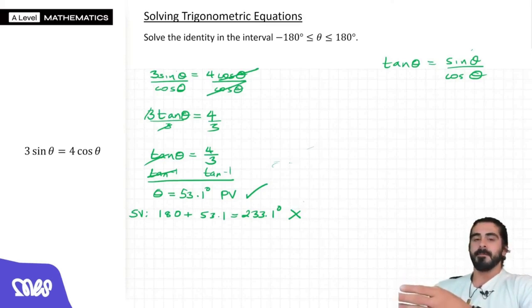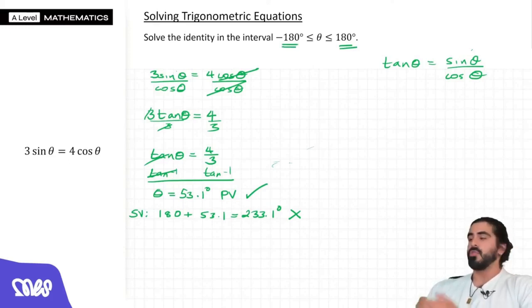Step 3 is we add and minus 360 in order to find other values in the range. Now the upper bound for the range is 180 and the lower is minus 180. If you look at 233.1, that is not in the range. Would you add or minus 360 to get another value in the range? Well, we're not going to add 360, because it's already out of the range on the positive side.